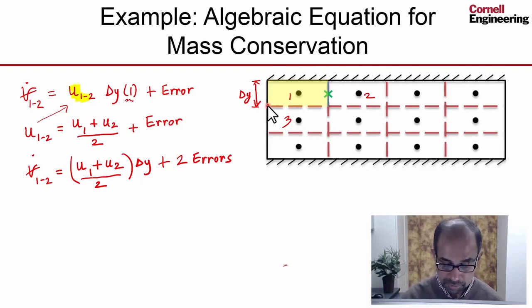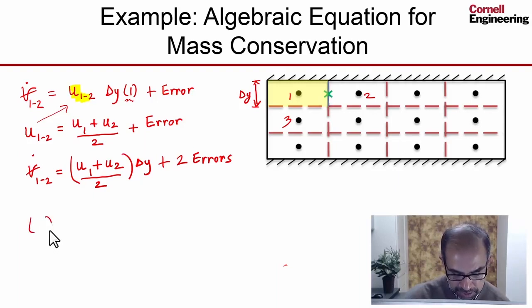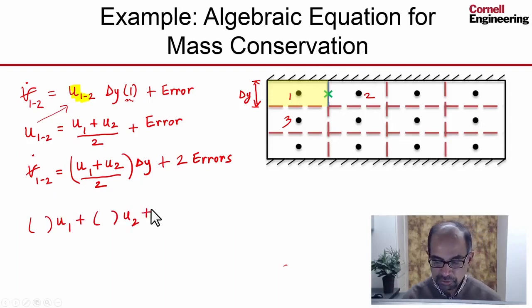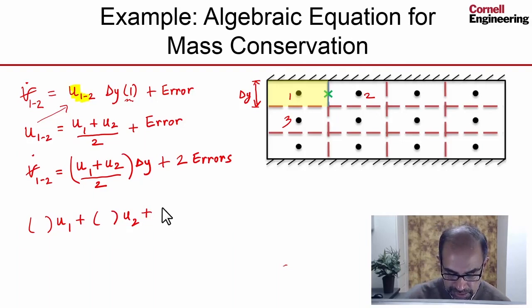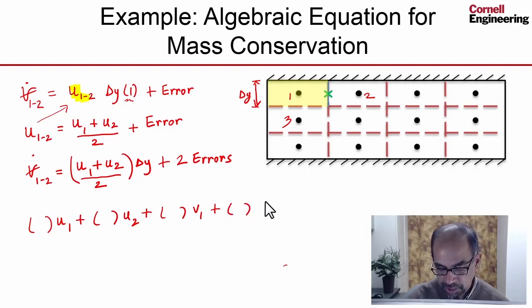from the boundary conditions. So if you put it all together, we will get an equation where the volume of flow from the right phase will involve some coefficient times u1 plus some coefficient times u2. Then from the bottom phase, I will get some coefficient times v1 and some coefficient times v3.